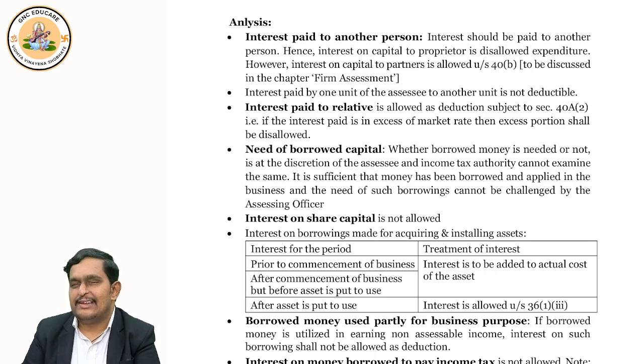You will say that, sir, first thing, I took the loan. Second thing, I took the loan for business. Third thing, I incurred interest on it. That's it. I met the conditions under section 36. Now, whether it is needed or not is, as a businessman, my discretion to decide.